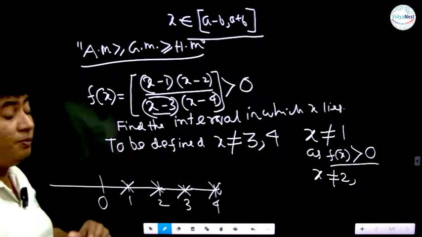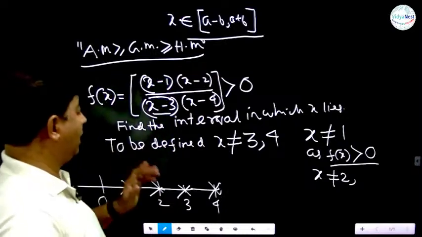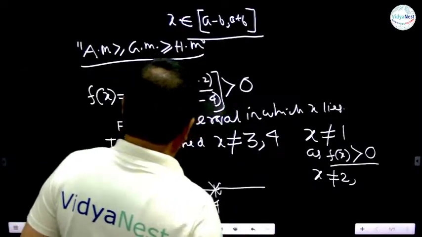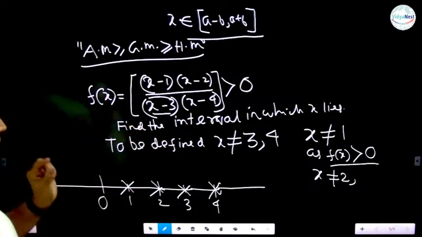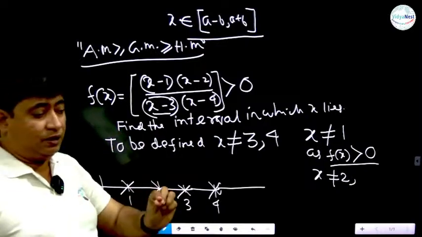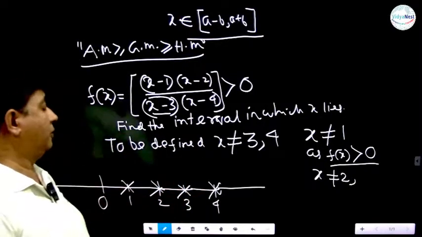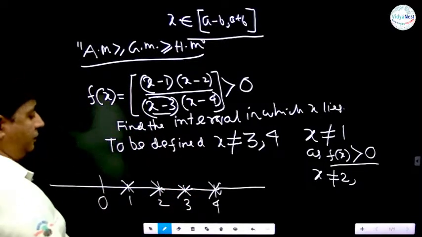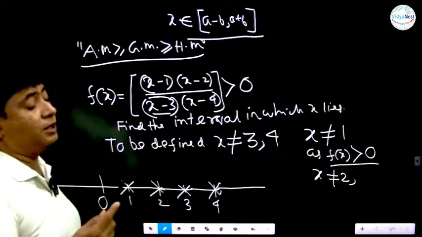So at 1 or 2, that condition will not be satisfied. So where will it be satisfied? Now, you choose one arbitrary number between 3 and 4, let us say 3.5.